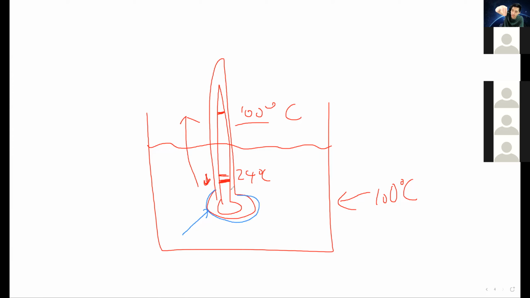As soon as you place the thermometer into the hot water, what's going to happen is the glass is the first in contact with the hot water, and thus it causes the glass to expand a little bit. When the glass expands a little bit because it is a solid, then naturally the liquid level is going to drop a little bit here.